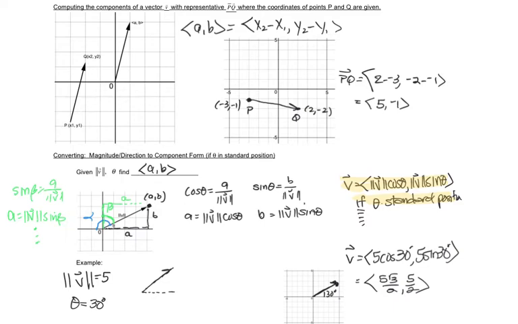Now, I don't want this to confuse you. Typically in math, we talk about theta in standard position and we can use this formula. But when I went on to physics and engineering after taking math, and they started telling me the x component has a sine in it, that kind of threw me for a loop because I was used to x component has cosine, y component has sine.